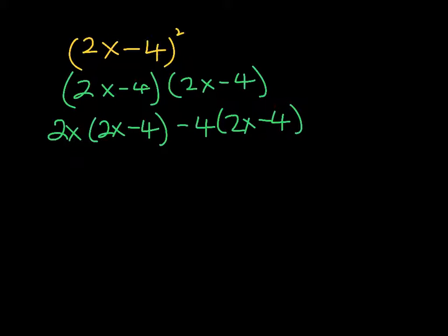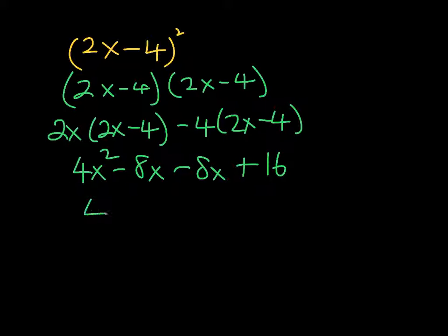Okay, so 2x times 2x is 4x squared. 2x times negative 4 is negative 8x. Negative 4 times 2x is negative 8x. Negative 4 times negative 4 is positive 16. So this becomes 4x squared minus 16x plus 16.